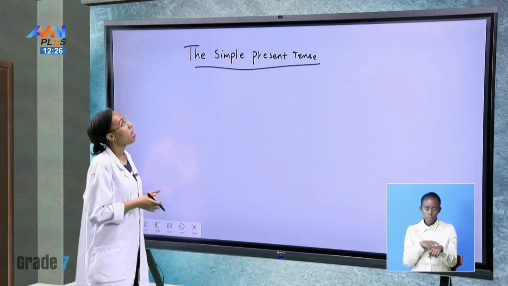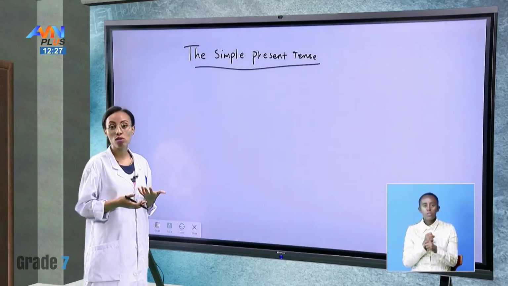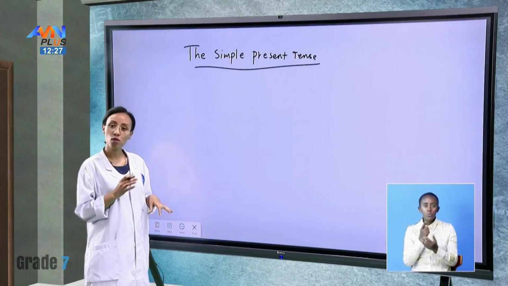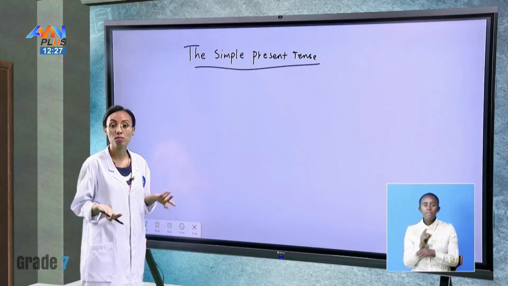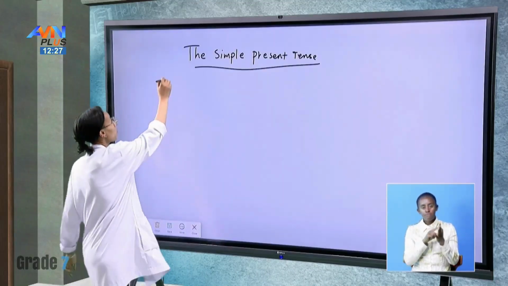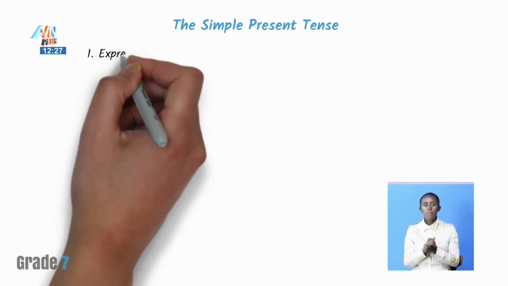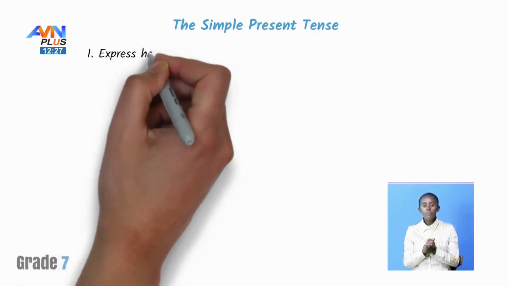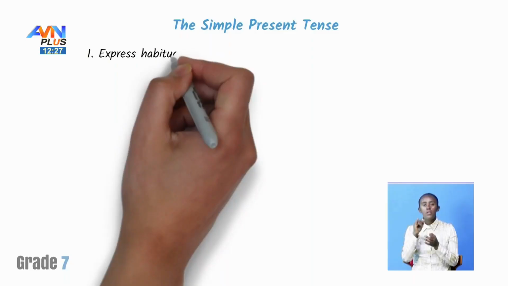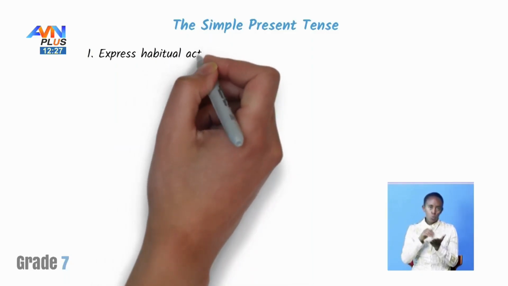And we also discussed a few ways of using the simple present tense. If you remember, the first one being to express habitual actions.